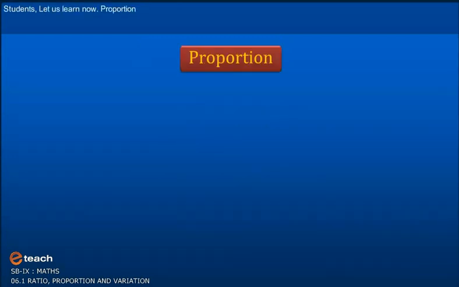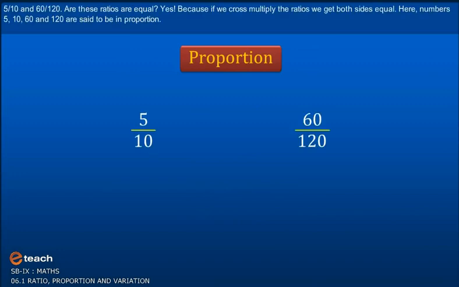Students, let us learn now proportion. 5 by 10 and 60 by 120. Now, are these ratios equal? Yes, because if we cross multiply, the ratios we get on both the sides are equal.